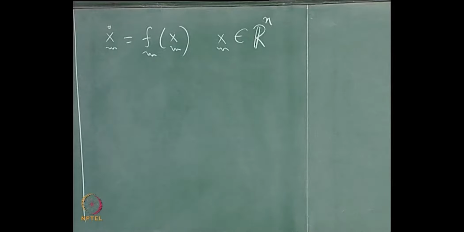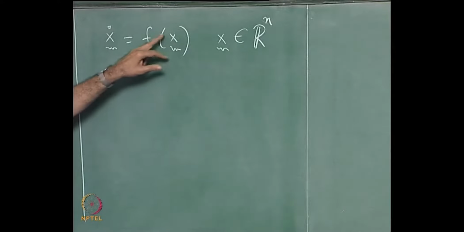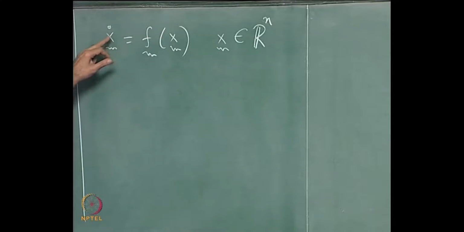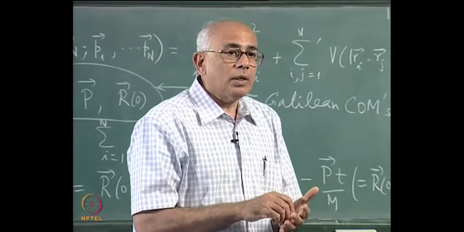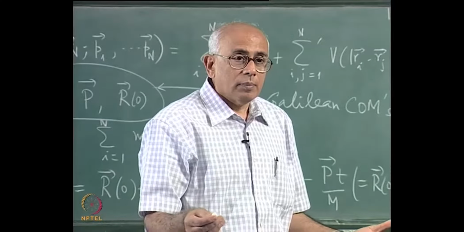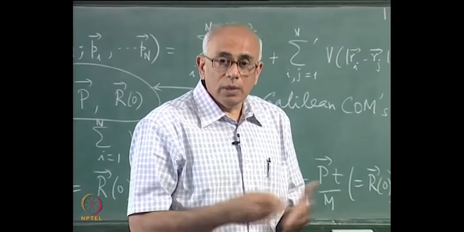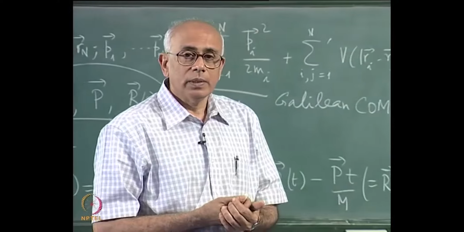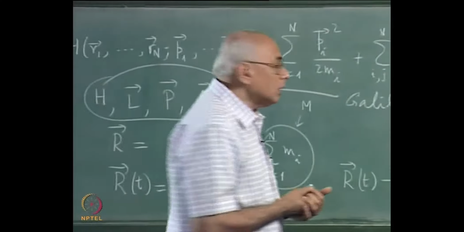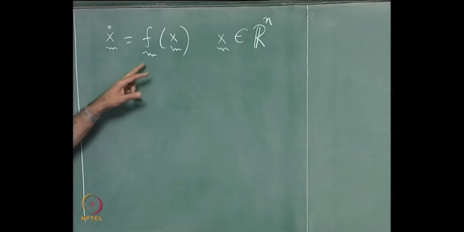The reason is that when this right hand side vanishes, x dot vanishes at that point, and since it is a set of first order equations, if you give me the initial point I know the future, but the derivative at that point is 0 for all the x's, and therefore x remains at that point. Therefore you could define all points which satisfy f of x equal to 0 to be the equilibrium points of the system.